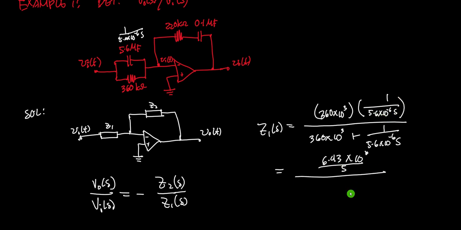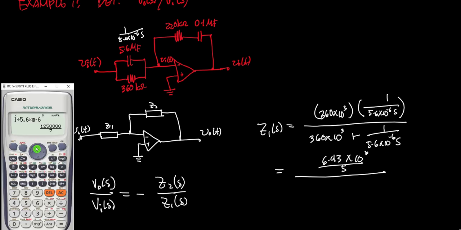This will be 6.43 times 10 to the 10, all over S. I just divided this one by 5.6 times 10 to the negative 6. Then, if we add this, 1 over 5.6 times 10 to the negative 6 is actually equivalent to this one.